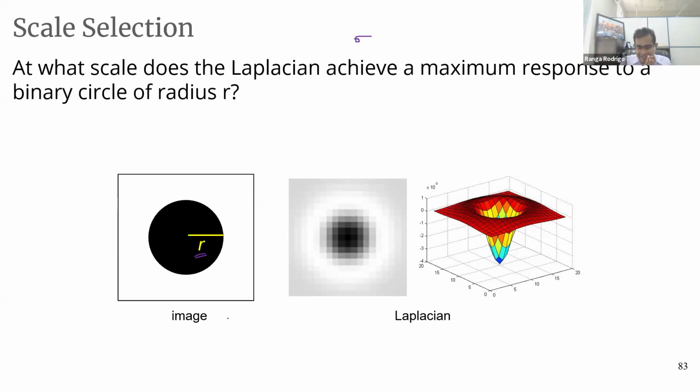Again, what is the radius of the blob that gives you the maximum response to the Laplacian of Gaussian of a particular sigma? That's the question we asked. At what scale? When you say scale, we are calling the scale synonymous with sigma. Does a Laplacian achieve a maximum response to a binary circle of radius r? This is a binary circle because we have drawn it with just white and black.